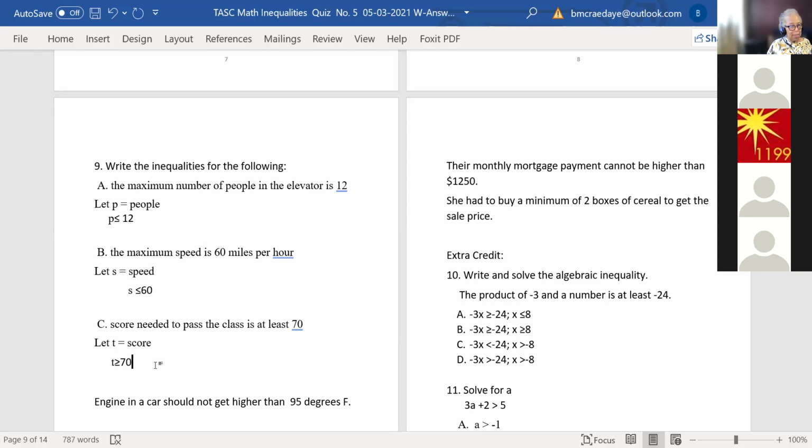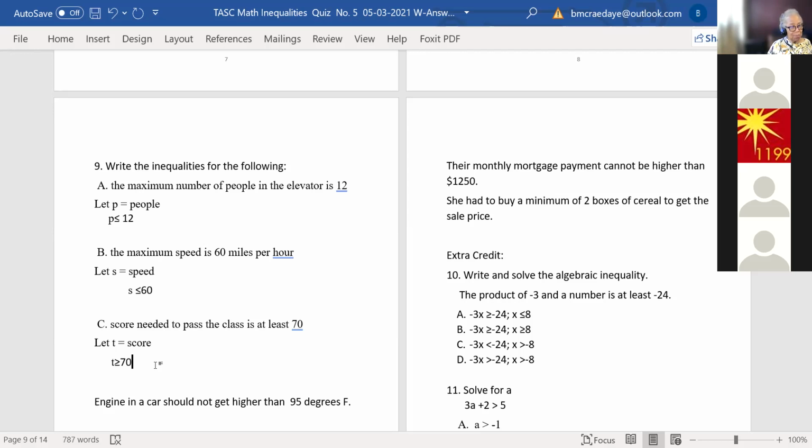That's what the greater than or equal means. You cannot pass the class if you make under 70. So a 69 would not pass. A 71 would, an 80 would, because it's greater than 70. Or a 70 would because it's equal to 70. Just remember, at least means greater than or equal.